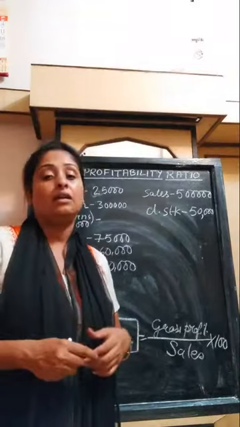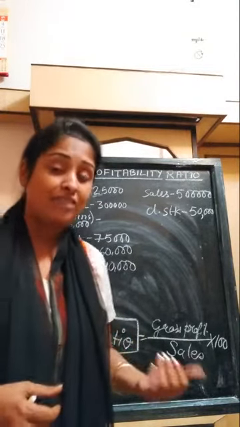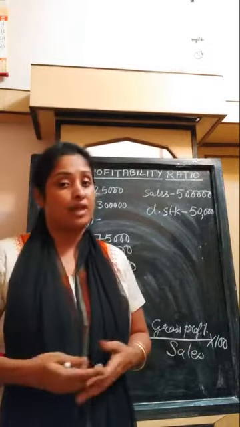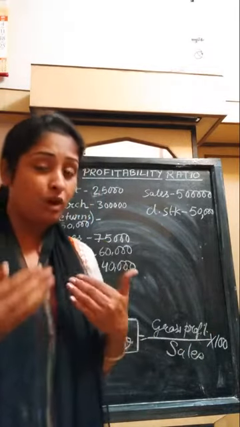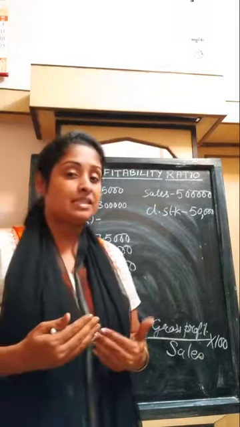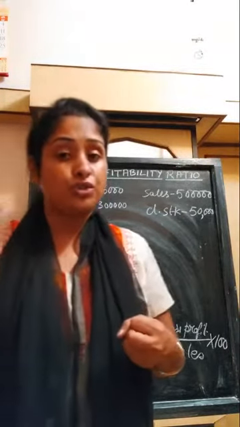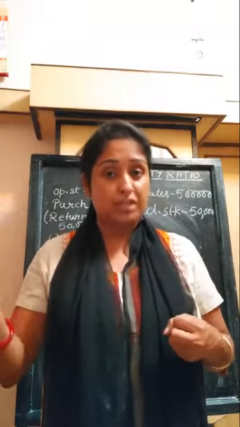Remember, in your previous class, that is class 11, we have already done how to prepare a trading account in the final accounts. With the preparation of that trading account, we could easily obtain the gross profit. And what are those items which you used to take in the preparation of trading account?